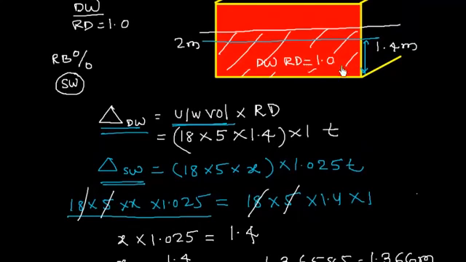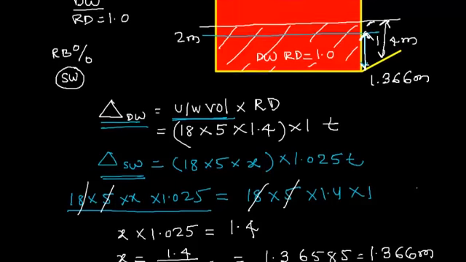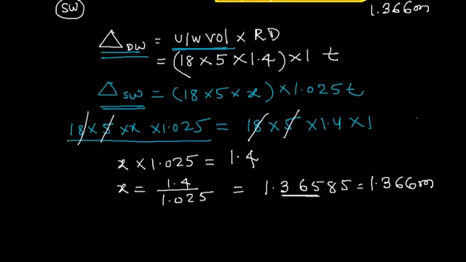In dock water the draft was 1.4, but in salt water the draft is only 1.366 meter. We need to now calculate what is reserve buoyancy.